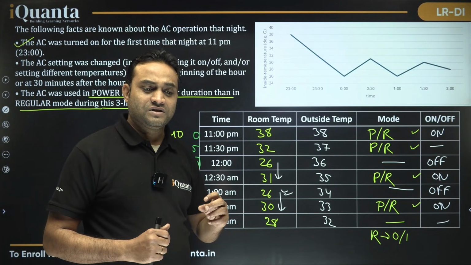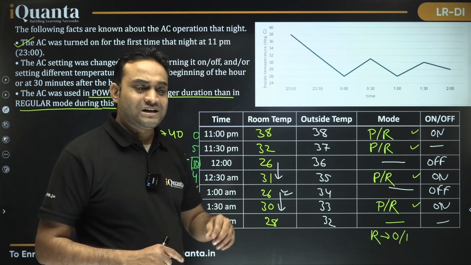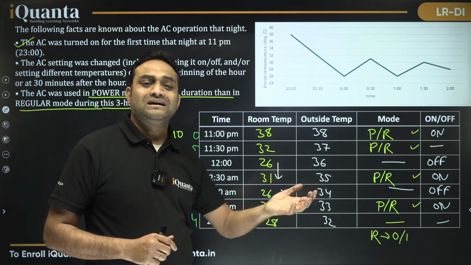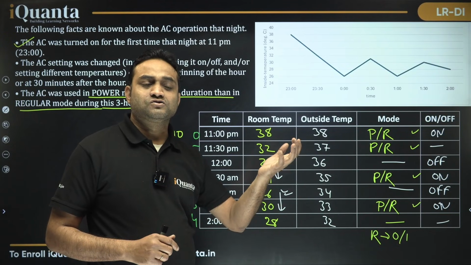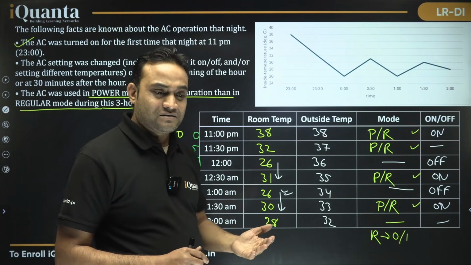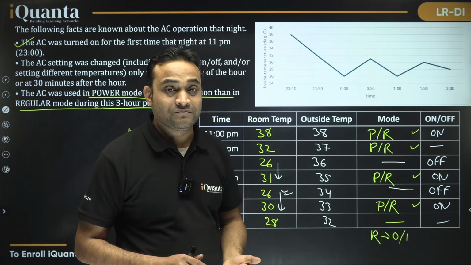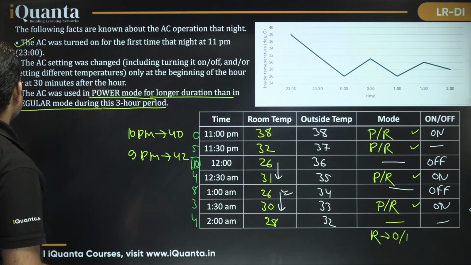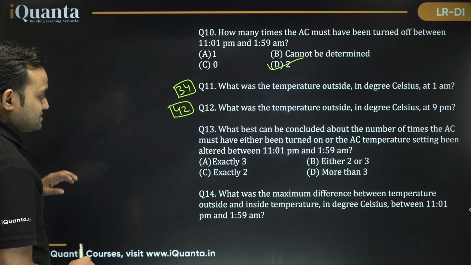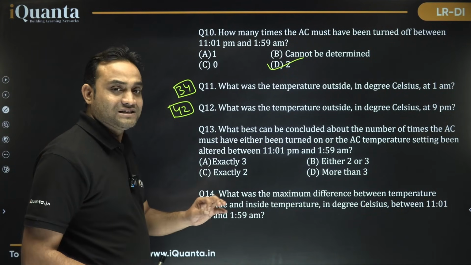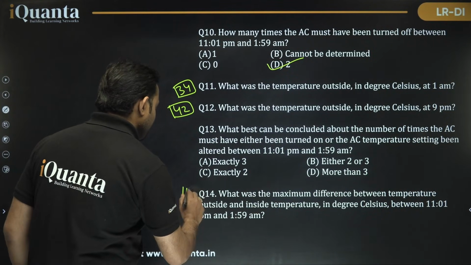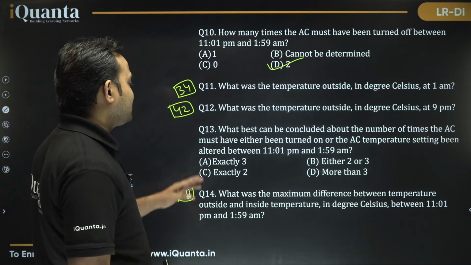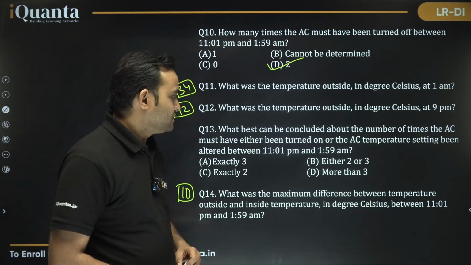So there won't be a point where the difference is more than 10. It cannot be 11. It can never be 11. We need to put an integral value here. So it must be as straightforward as it looks, that we need to take the simple difference, which is 10 degrees Celsius. Now let's come to question number 13.